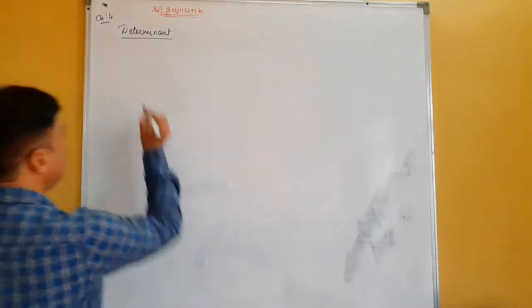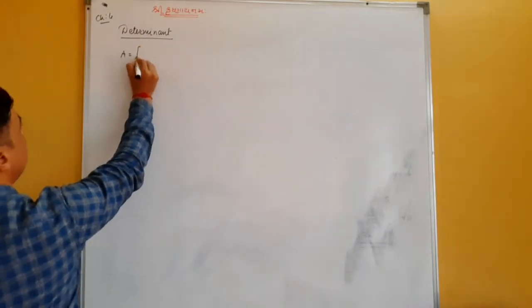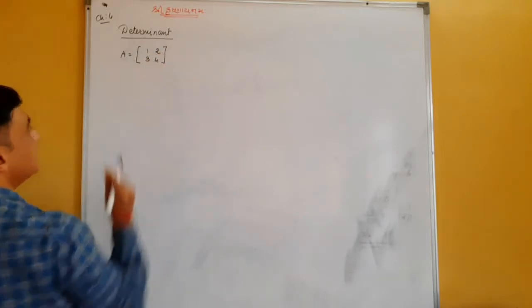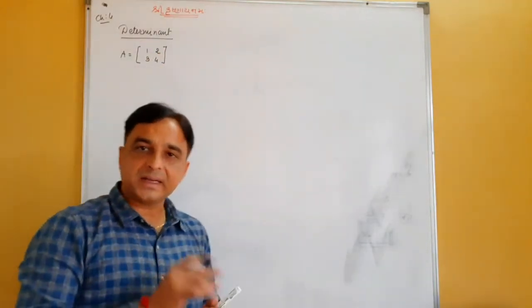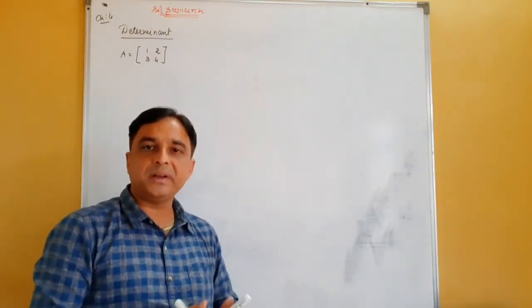So, what do you mean by determinant? If we have a matrix A, 2 by 2, 1, 2, 3, 4, it's a square matrix, so it has a determinant. Rectangular matrices have no determinants.